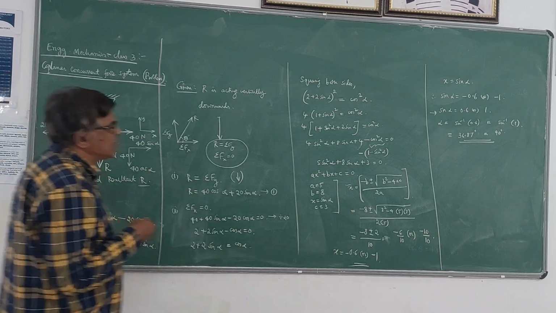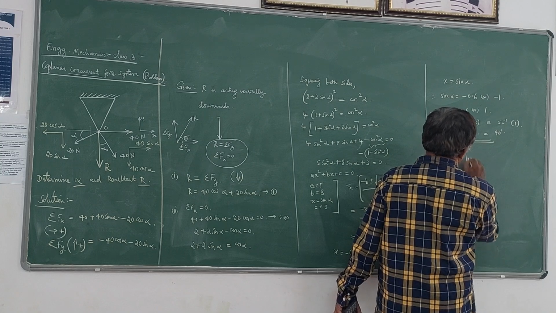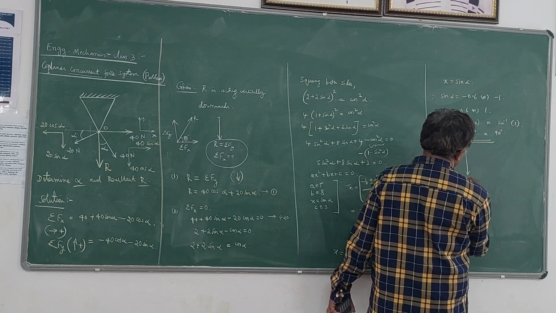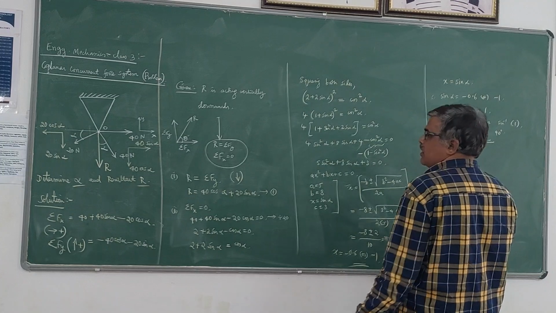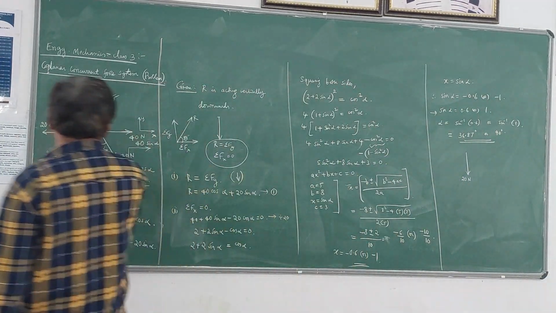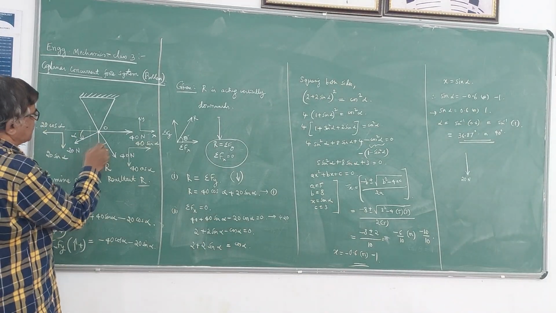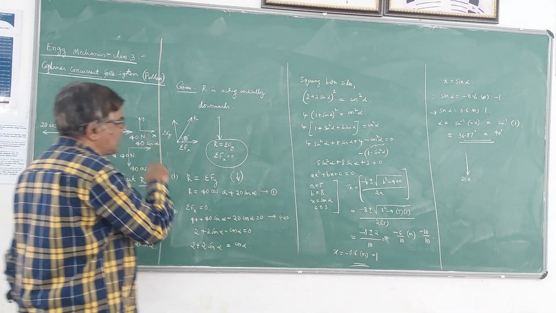If you take alpha as 90, then what happens? This 20 kilonewton force will be acting like this. This 40 newton force is with respect to horizontal, therefore it becomes vertical. This is with respect to vertical, therefore it becomes horizontal.